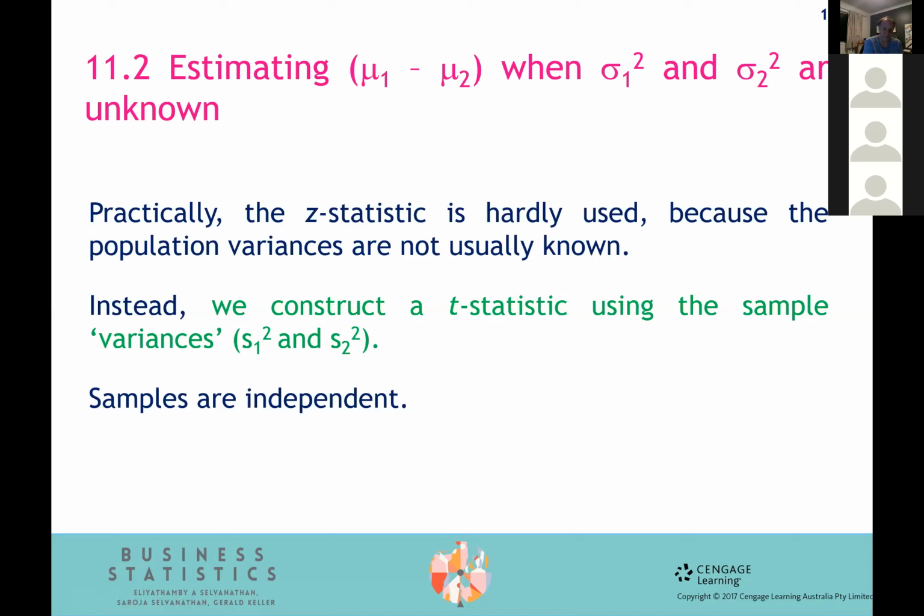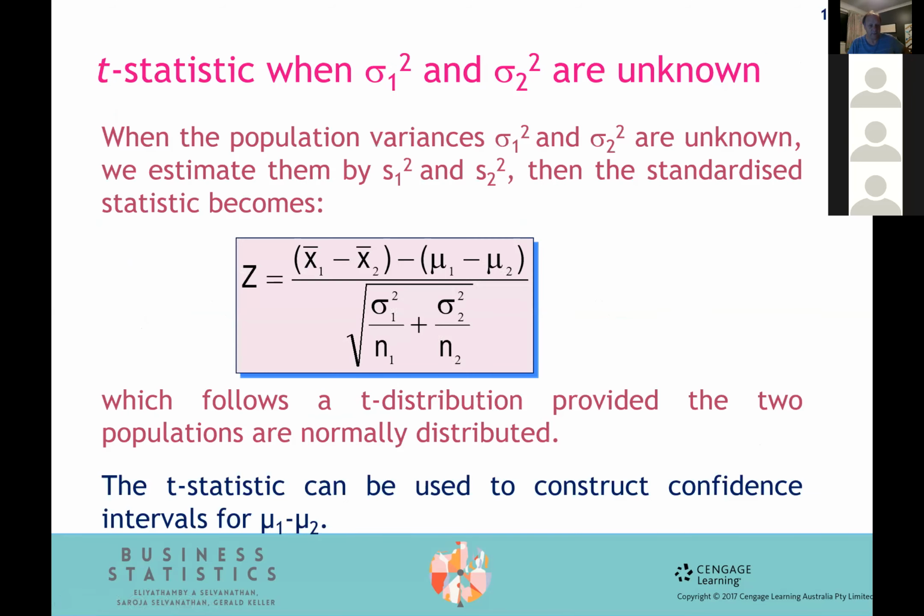Did you make a note of that? 11.2. And take note of the rest. Read through it and so on. Did you say 11.2? Yeah. This is the one we're focusing on. Yep. Thank you. And again, we're going to use a T statistic, and we're going to use the sample variances. In Excel, it's very simple. If you do it manually, it's less simple.